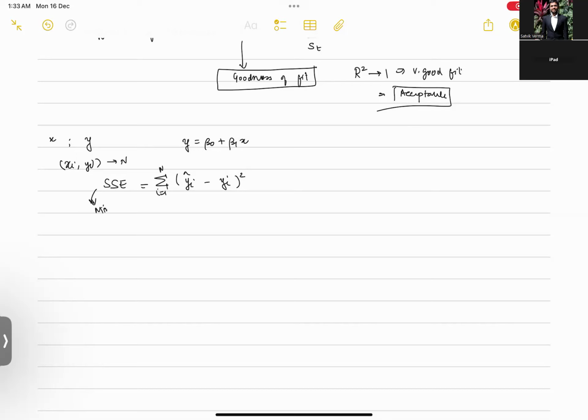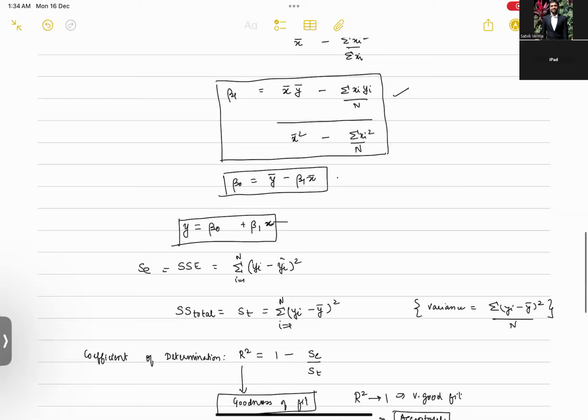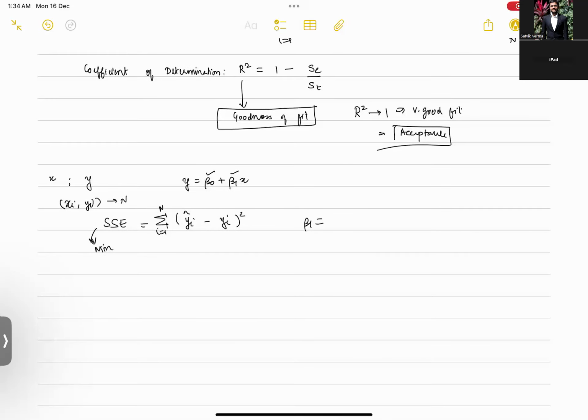This has to be minimum with respect to both of the parameters used in linear regression, which is beta naught and beta 1, right? And when we do the minimization exercise, we get beta 1, which is this, and we get beta naught, which is this, right?